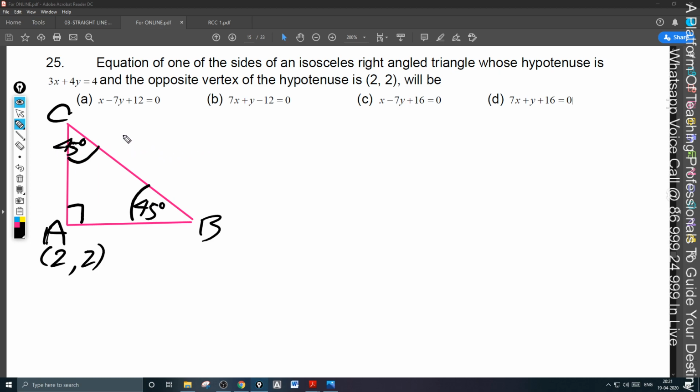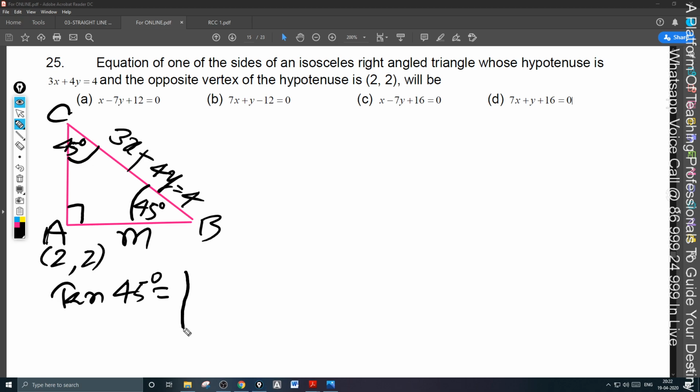Now what is the line equation? 3x plus 4y is equal to 4, the hypotenuse equation. Now this is 45, its slope we don't know, let it be some m. Now if this slope is m, just apply the tan theta formula. Tan 45 degrees is equal to modulus of (m1 minus m2) divided by (1 plus m1 m2), that is, m minus of minus 3 by 4, divided by 1 plus m into minus 3 by 4.